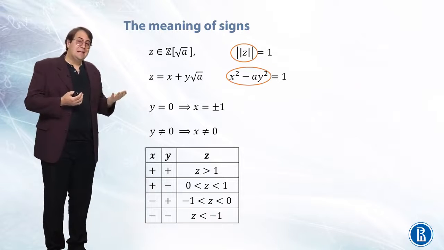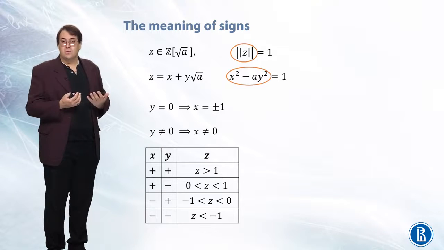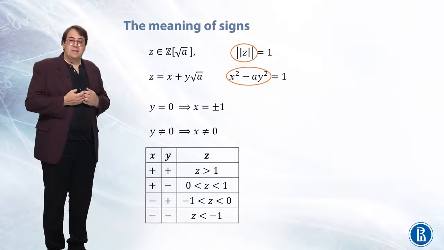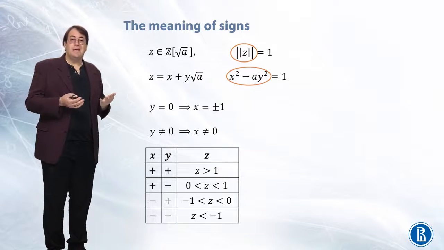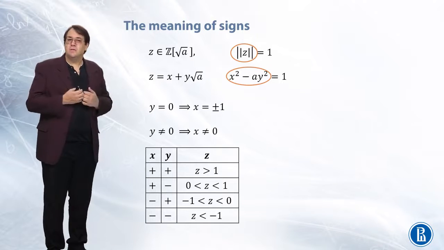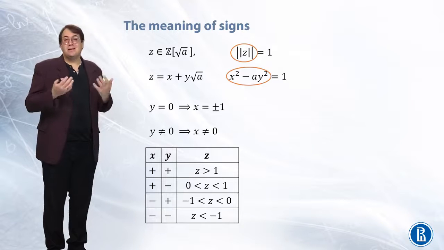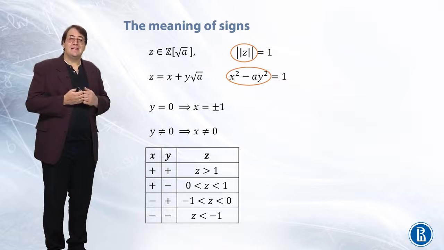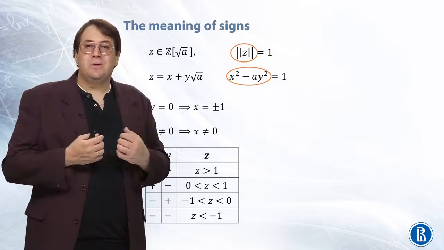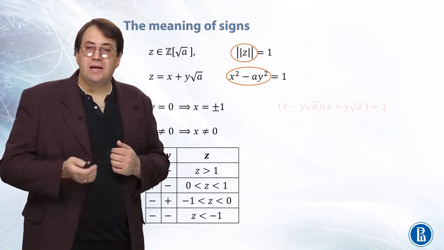Also, if x is negative and y is positive, the third row in our table, then z is between minus 1 and 0. Also not obvious. Well, of course, if x and y are both negative, then it is obvious that z is less than minus 1. So let's prove these non-obvious rows of our table.